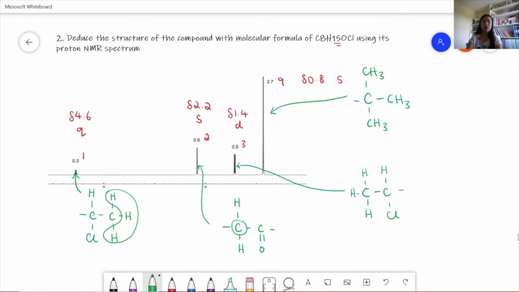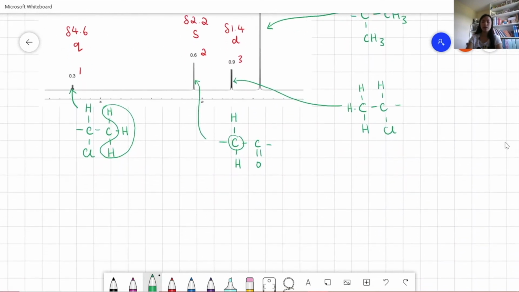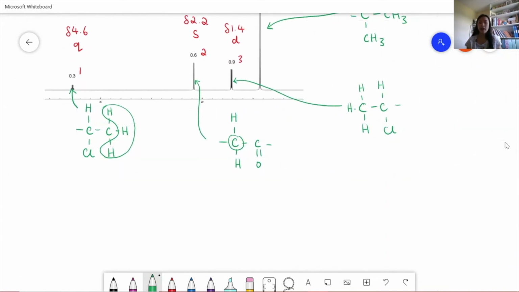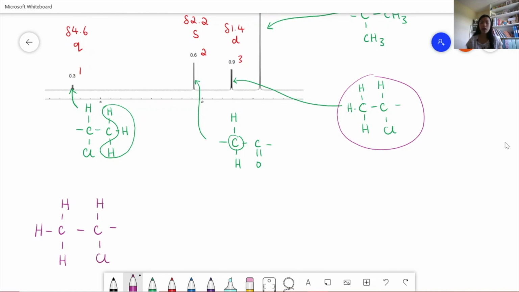And so now we can start to build up our molecule. So we have CH3, so I'm starting off with this one, and then I have a hydrogen and a chlorine, and then I can put in this section here.